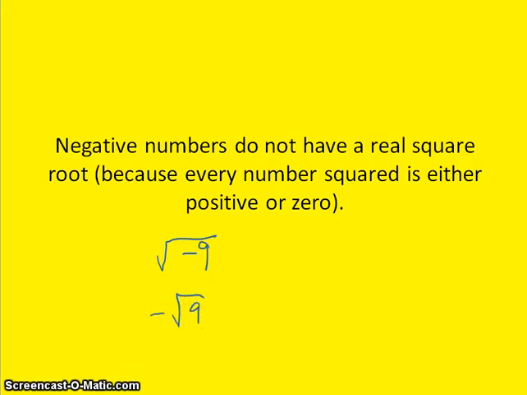So here, according to order of operations, I would first evaluate square root of 9, which is 3, and then slap a negative on it. So this is not a negative square root here. This one is, because no number squared can be negative, so I cannot take the square root of a negative number if it's under the radical sign.